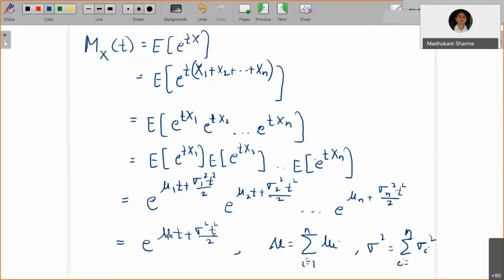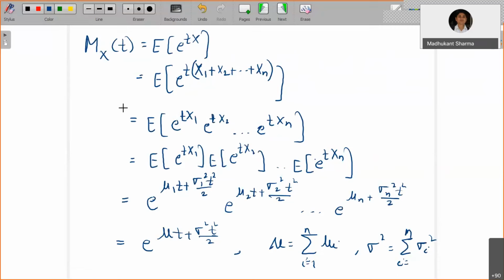Since this is a moment generating function for a normal random variable, this uniquely determines the distribution of x as well. Therefore this implies x follows normal distribution with mean mu and variance sigma square.